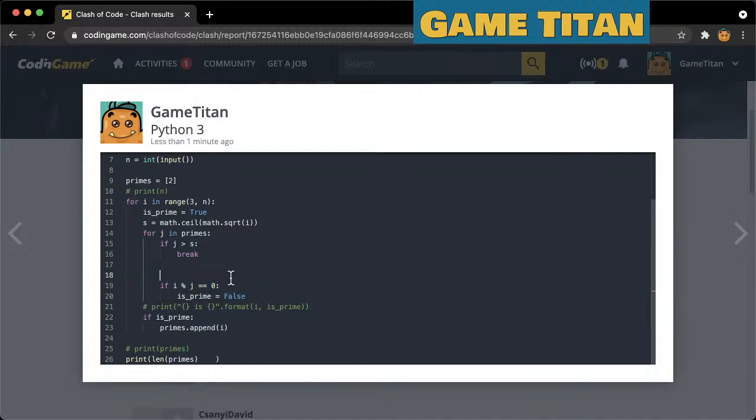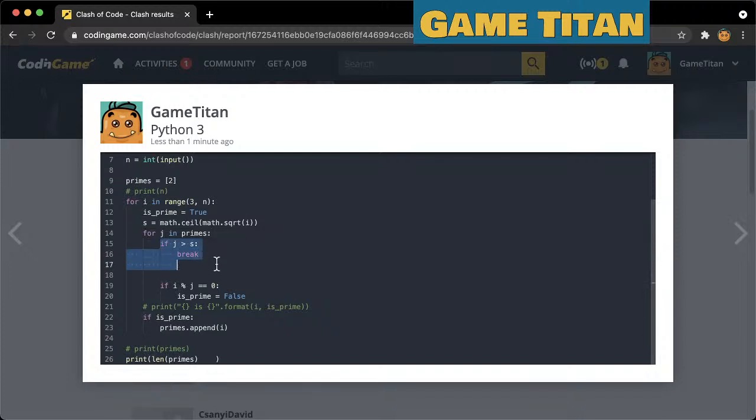So that's the definition of a prime number. Here is where we're going to test all of the numbers that are less than i. And as it turns out, all you need to do is test all of the prime numbers that are less than i. So that's what we're doing here, testing the primes that we have so far.